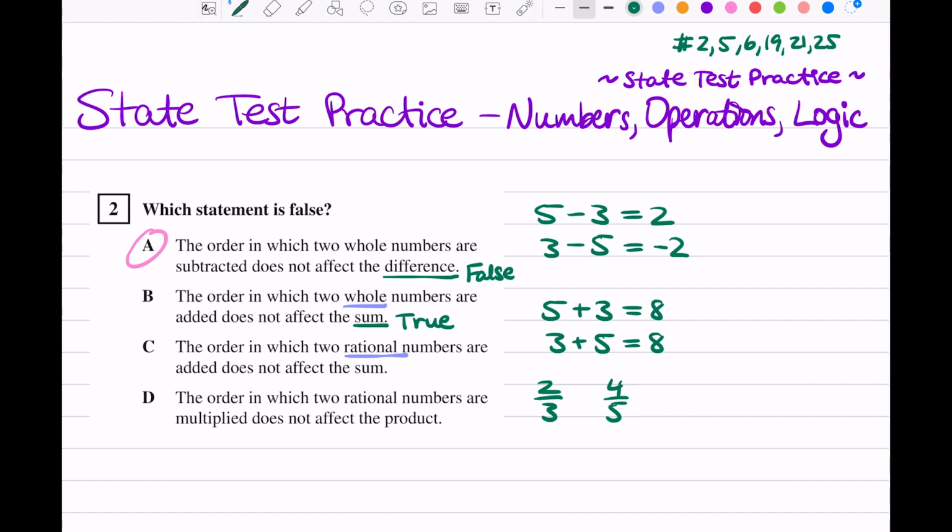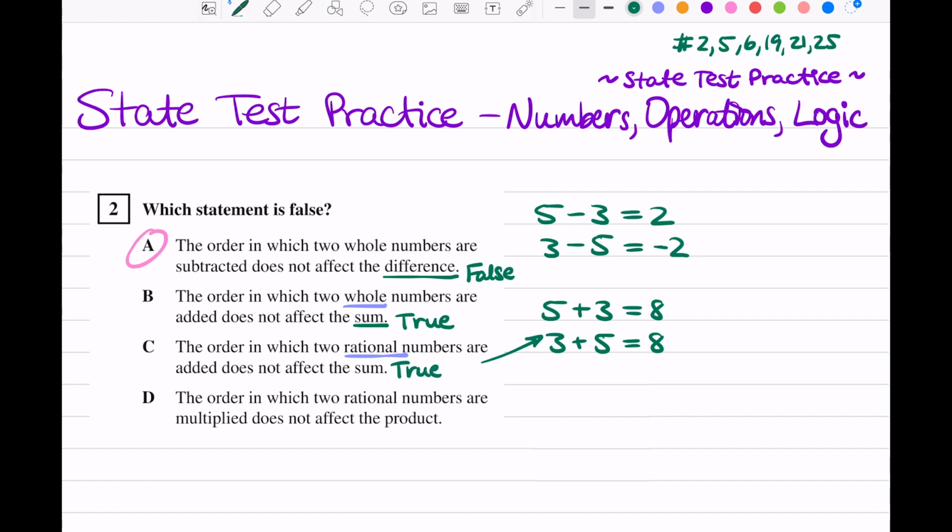However, whole numbers you can also write as fractions. We talked about 5 and 3 before. 5 can be represented as 5 over 1, and 3 could be 3 over 1. So whole numbers are rational numbers. So our example from option B works in this case too. We're adding two rational numbers, and the order does not affect the sum. That is true.